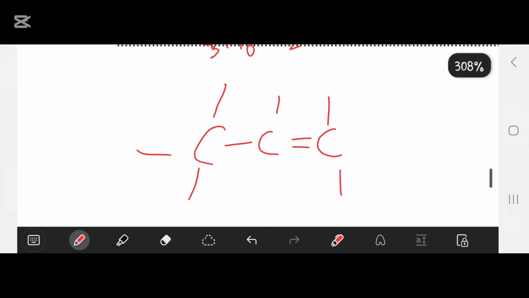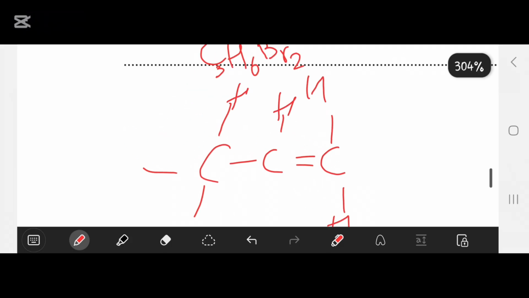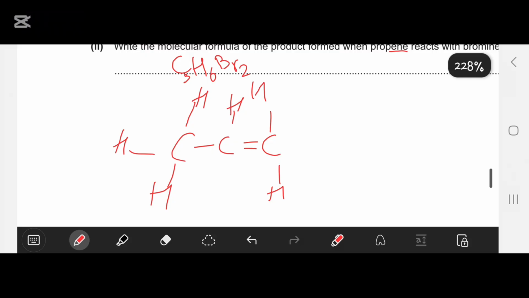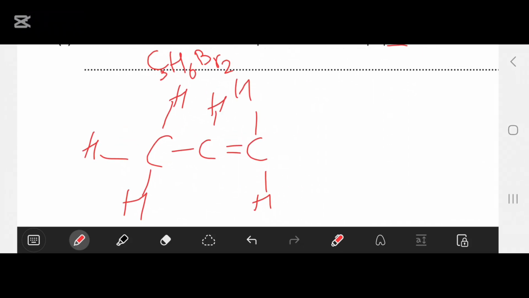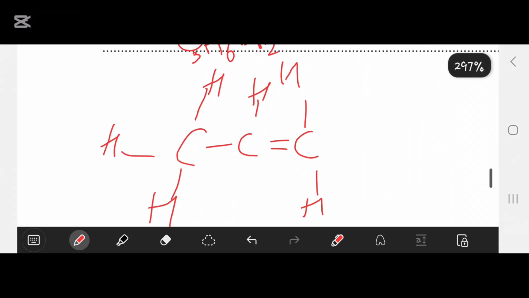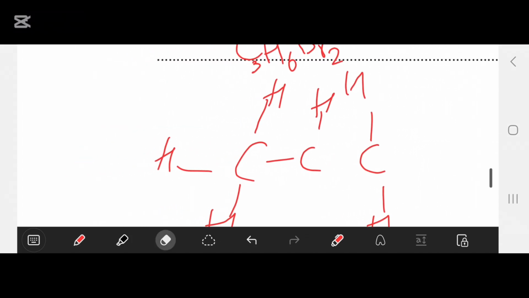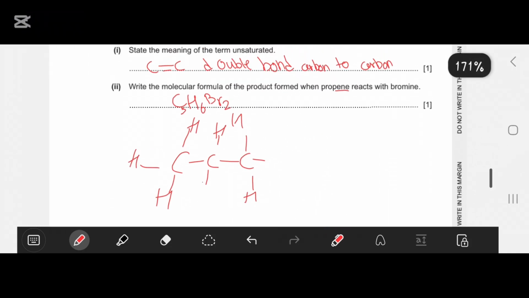Alright, here we have hydrogen, and a hydrogen. When this compound reacts, it will break down the double bond and start taking in any other compound.